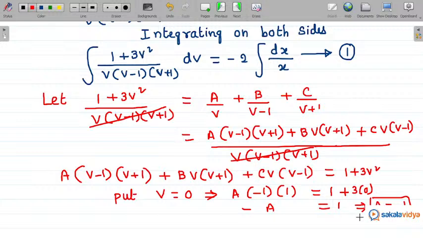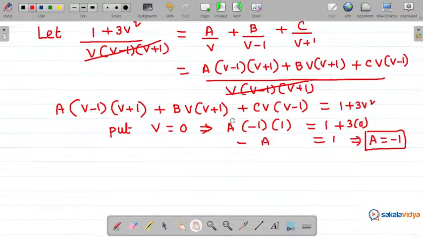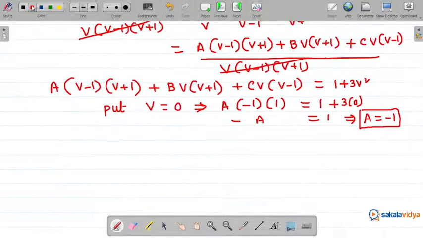Now to get the b value, substitute v is equal to 1. If we put v is equal to 1, what do we get? Wherever the v minus 1 factor appears, it becomes 0, because 1 minus 1 is 0.